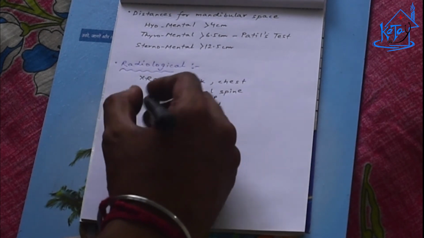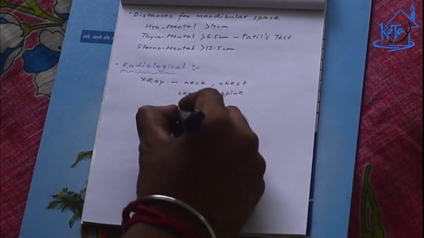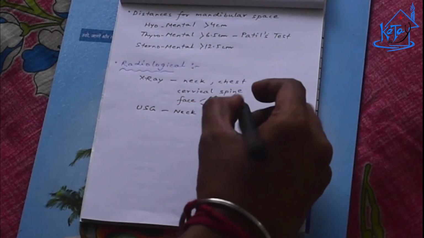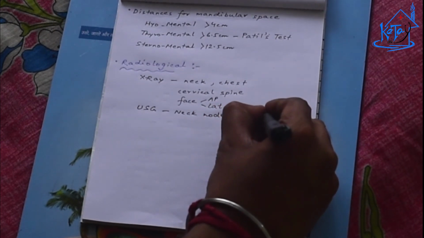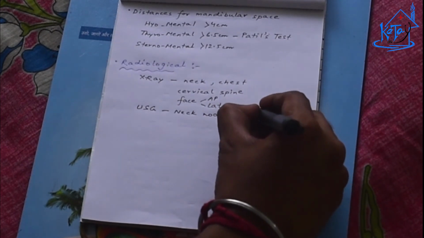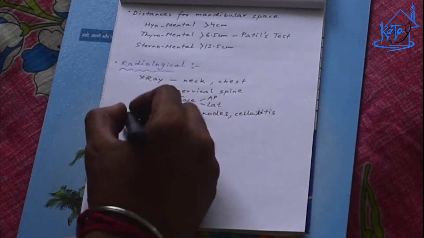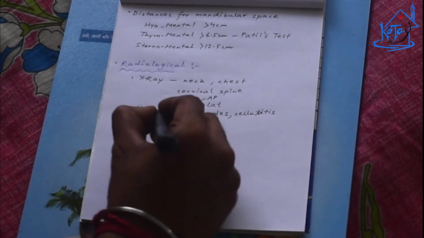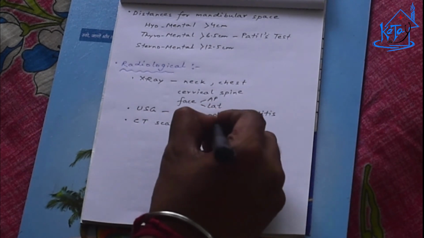You can also look for USG of neck nodes or local cellulitis. If you are still not satisfied, you can go for CT scan or even MRI.